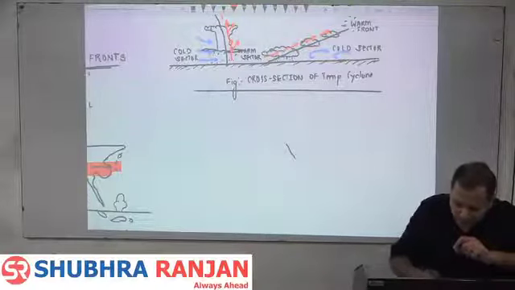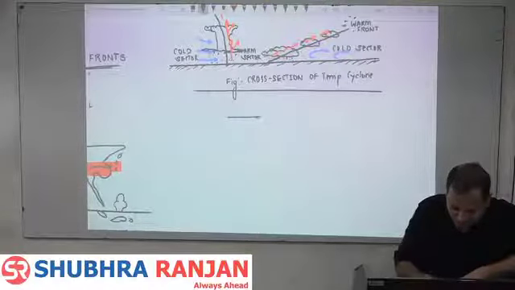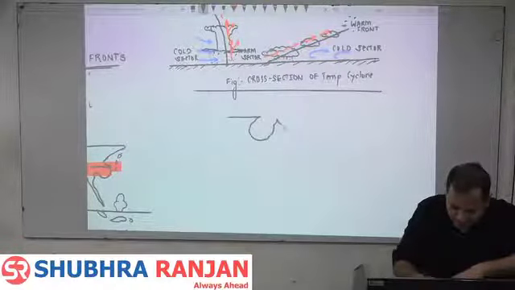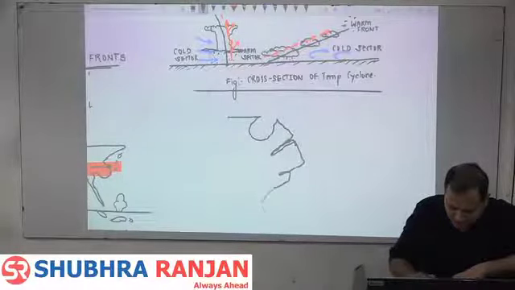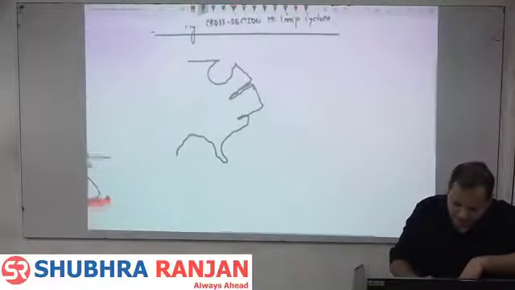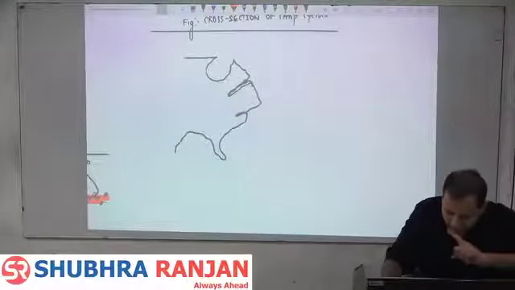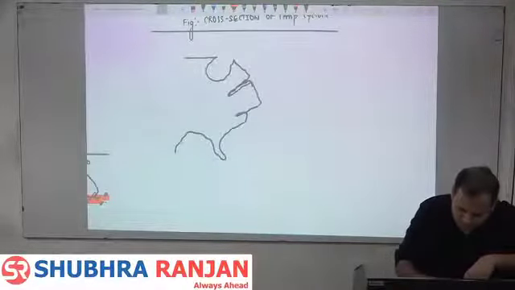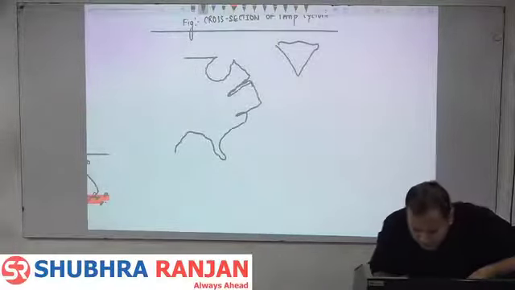North Atlantic, full stop. The cyclones after originating here enter into Europe, giving rainfall to the northwestern part of Europe.